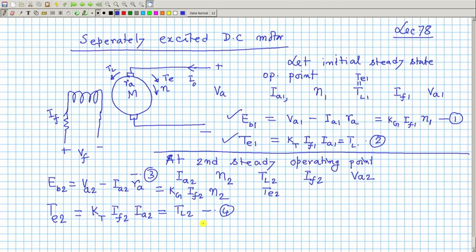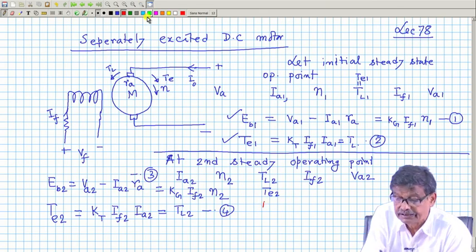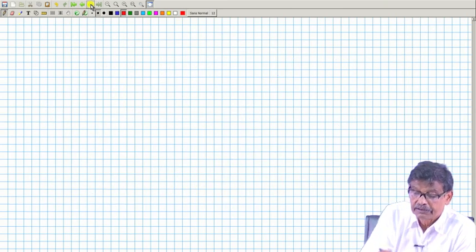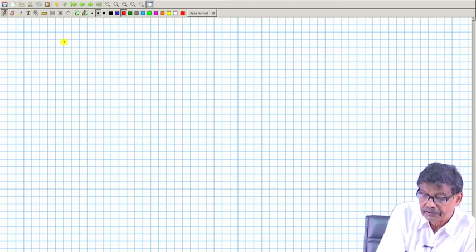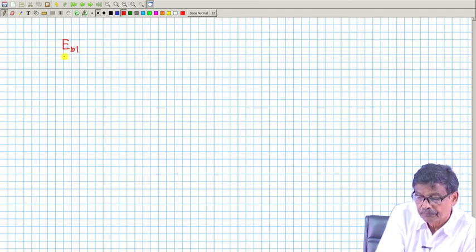Then your next step is to take the ratio, which I will write on the next page. Take the ratio of EB1 by EB2, invariably you do this.